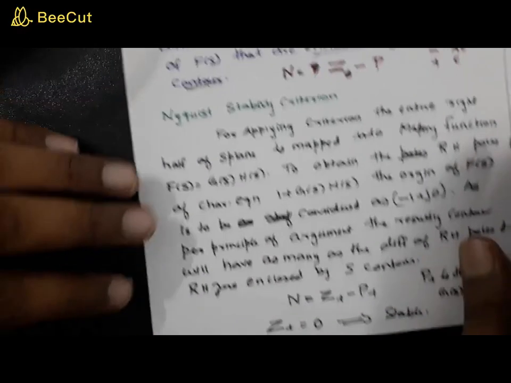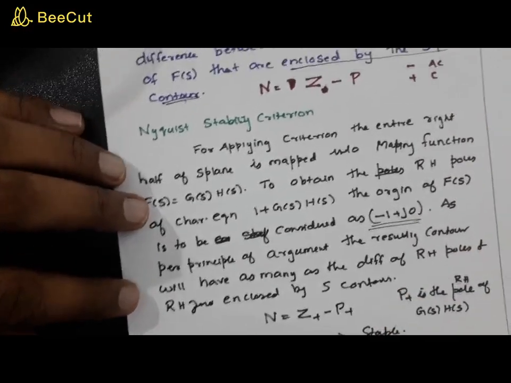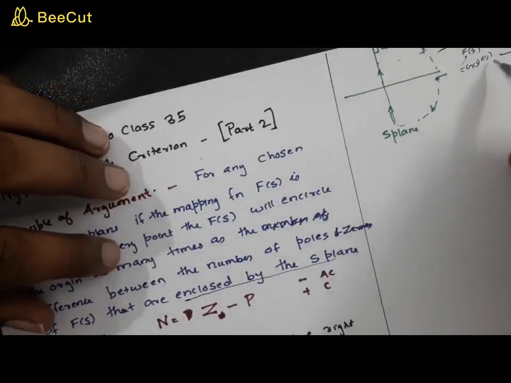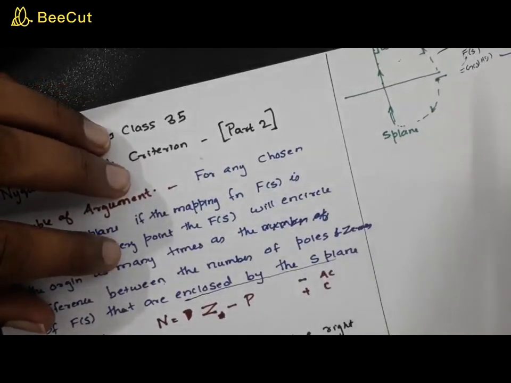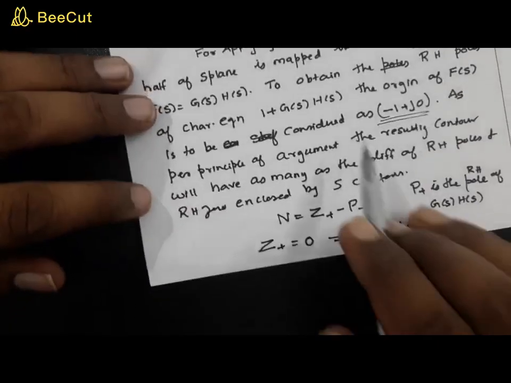That is the relevance of this minus 1 plus j0. You start with g of s h of s and obtain the contour, then consider the minus 1 point and see whether this picture encircles the minus 1 plus j0 point.